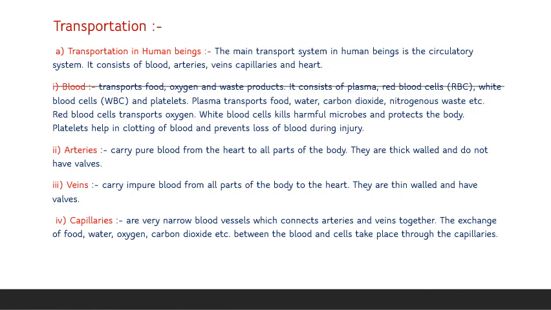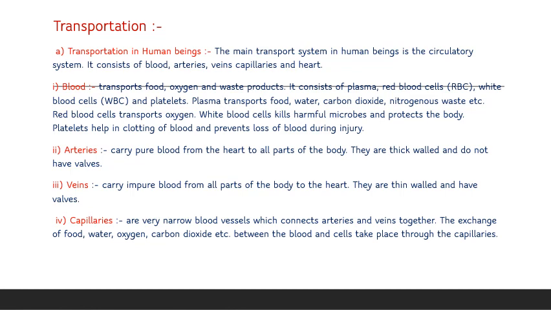The required elements are transported to the body, cells and tissues by the transportation system. There is a particular system in our body which is helpful to transport these substances. Even in plants, there is a particular tissue called vascular tissue, which is responsible for transporting the substances. Come, let us understand in detail about this transportation.